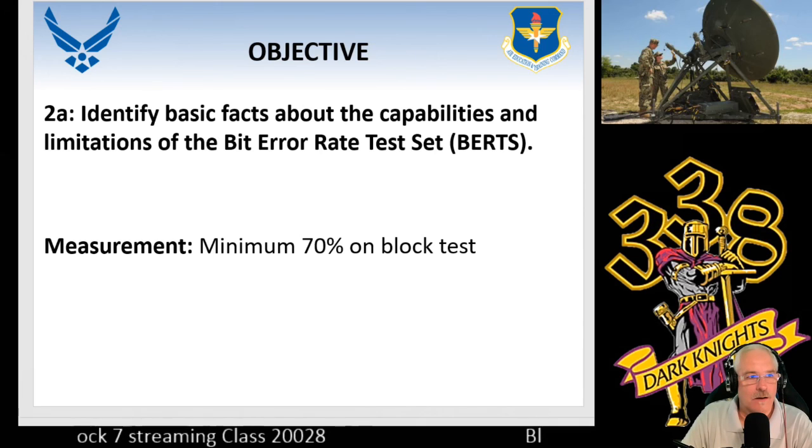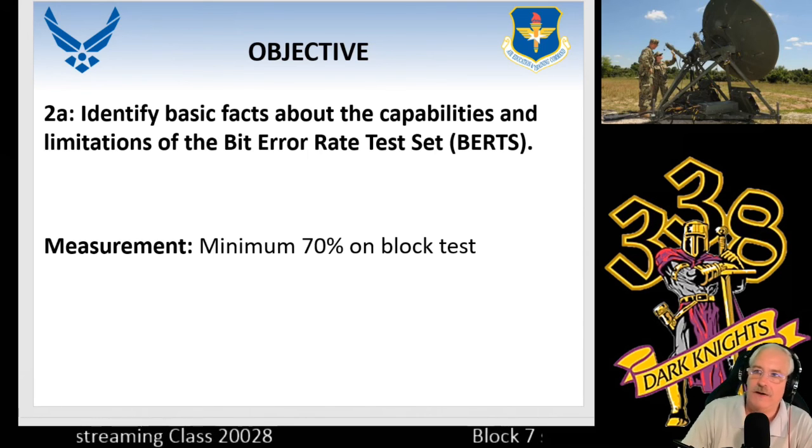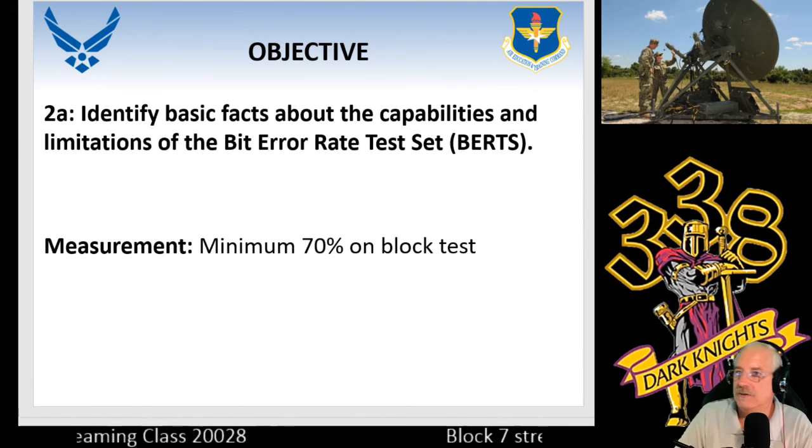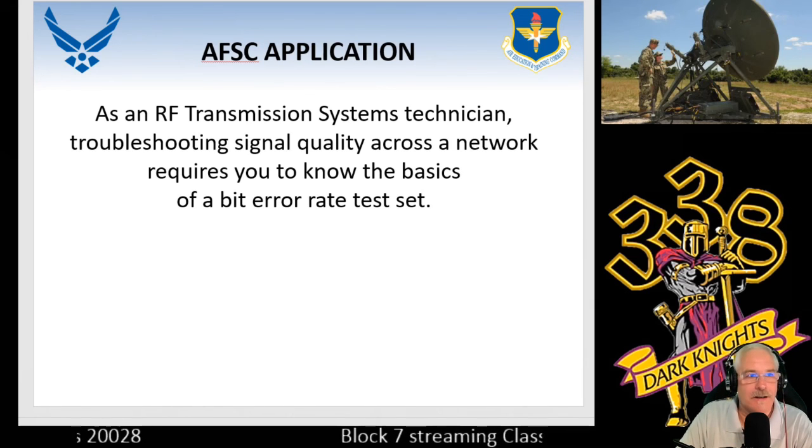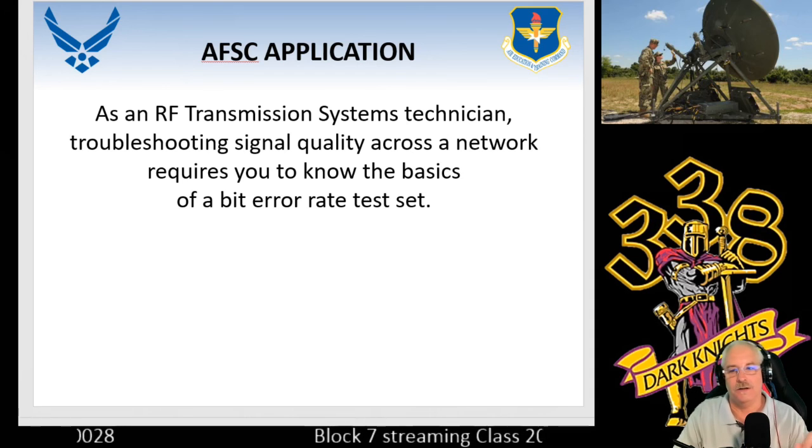Okay, next up we have 2 alpha. This is identify basic facts about capabilities and limitations of the bit error rate test set, BERTS, not to be confused with Bert and Ernie. We're going to look at the AFSC application.